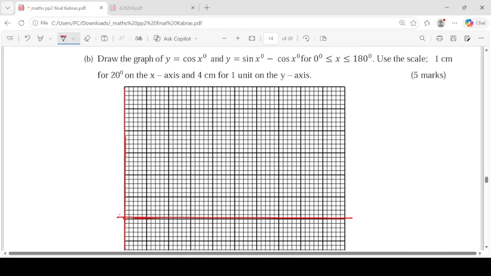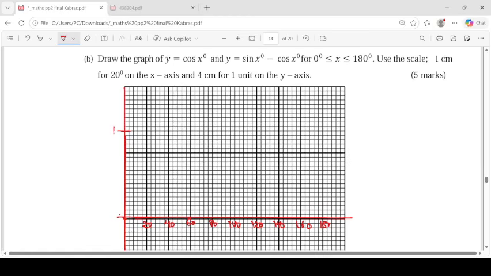So that means on the x-axis I'll go by, this is 20, 40, 60, 80, 100, 120, 140, 160, 180.